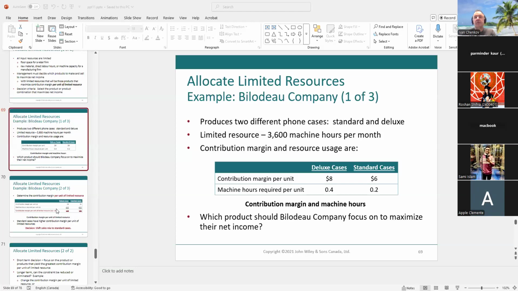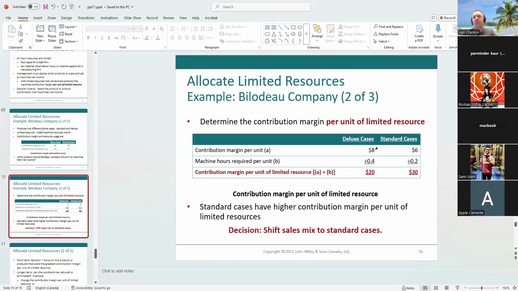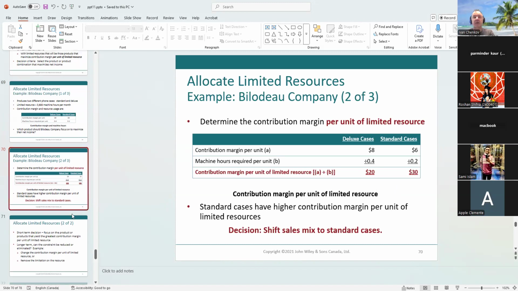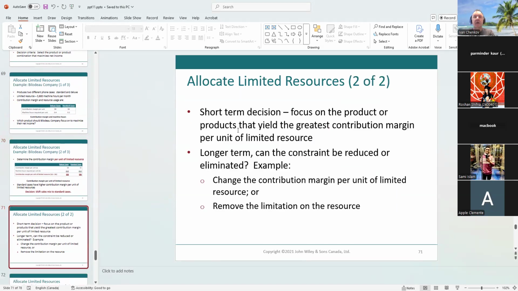So once we calculate that, we get the contribution margin per limited resource, and then we focus on the product that gives you the highest contribution margin. The short-term decision: focus on the product that gives you the greater contribution margin within the limited resource.